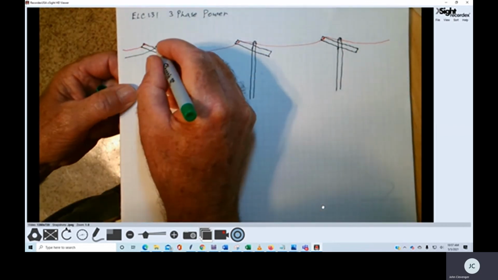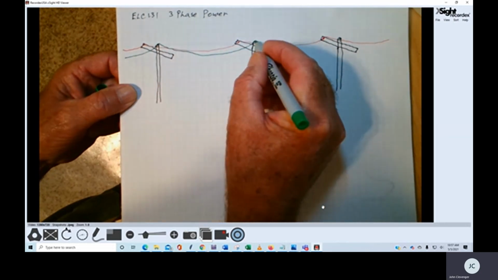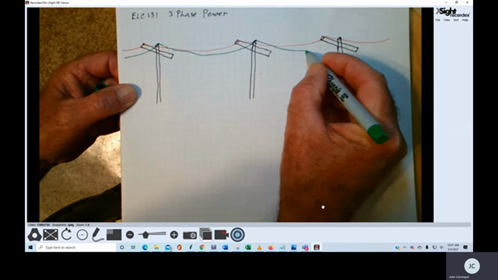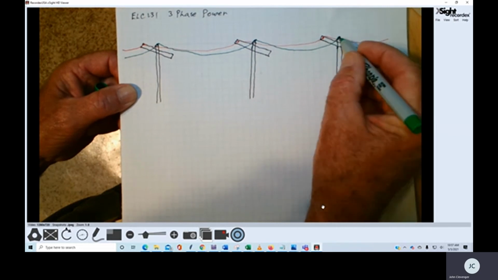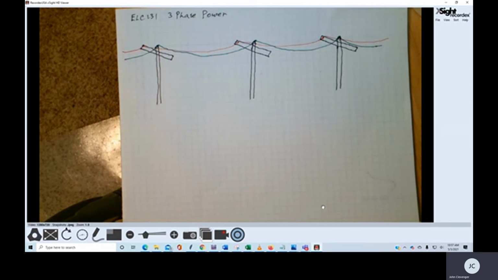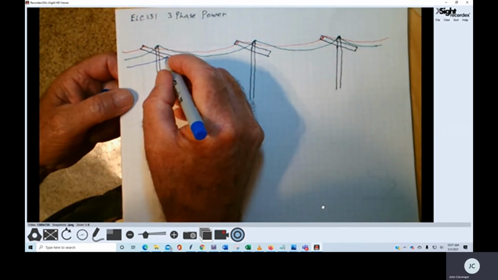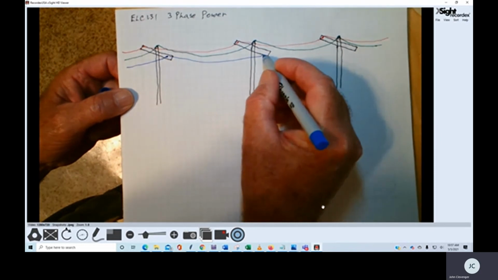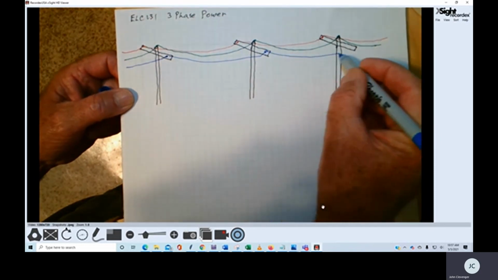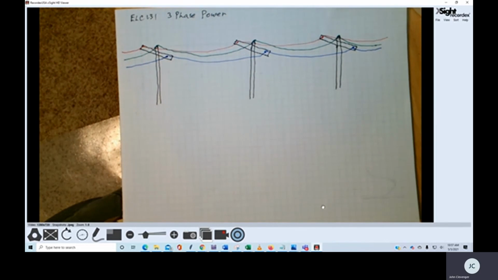There'll be another wire here, goes and connects to right here, and goes and connects to right here, and goes off in the distance. Then there'll be a third wire here, connect to this one, and connect to this one, and connect to this one, and then goes off in the distance.